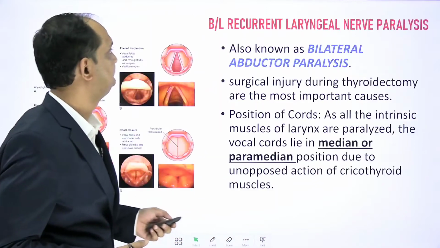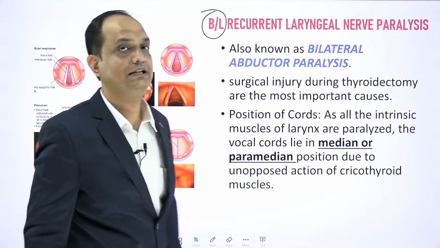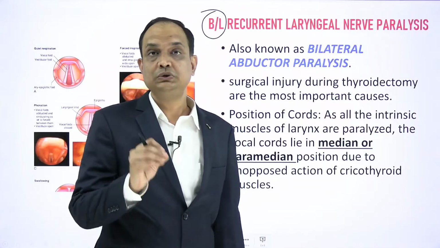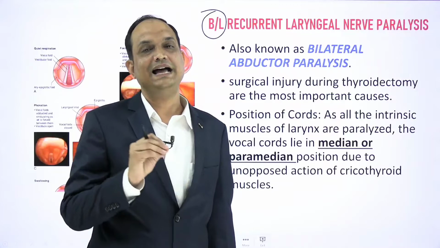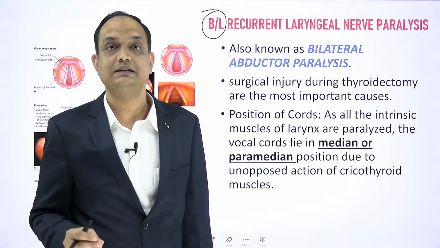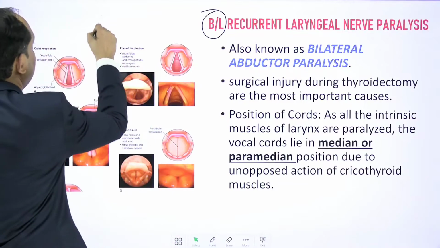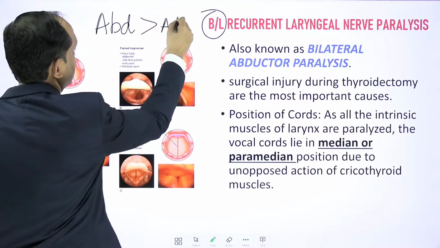Now what will happen if bilateral recurrent laryngeal nerve palsy occurs? I just told you that there is a law or hypothesis that whenever recurrent laryngeal nerve paralysis occurs, abductors are paralyzed earlier as compared to adductors.